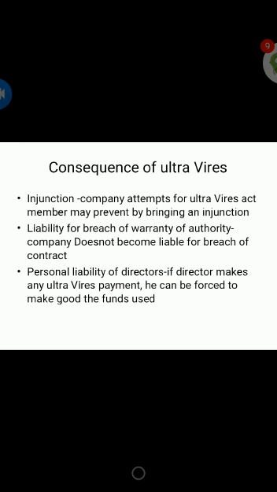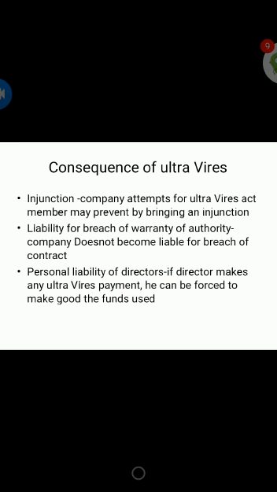The next is personal liability of director. So what happens here? It is the duty of the director, as an agent, to utilize the funds of the company only for the purpose mentioned in the memorandum, right? And he cannot use it for an ultra vires purpose.